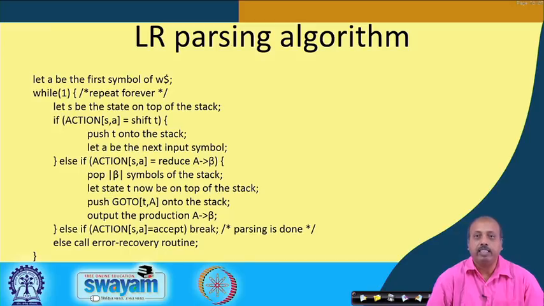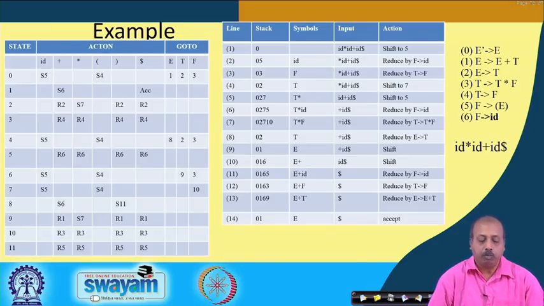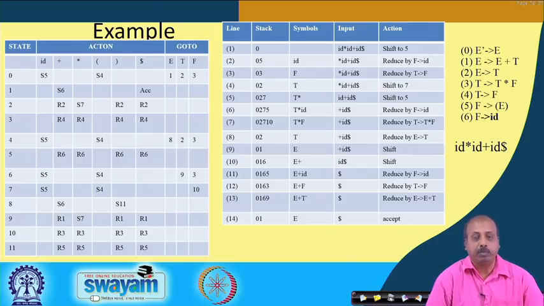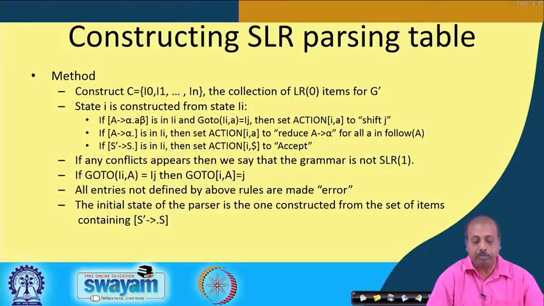If there is an error in the input stream, then at some point you will land on one of the blank entries in this table, and if the entry is blank, that means there is some error. And of course, if you come to the dollar and the accept state, then it is accepted. If some entries are multiply defined, then there is a problem, as I said: the grammar is not SLR, because the parser will be confused whether to do a shift operation or a reduce operation.